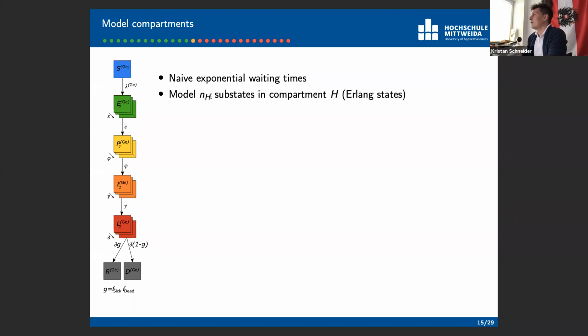H will always stand in for E, the latent, the prodromal, the fully contagious, or the late infected. If you model it that way, with equivalent states that you pass through at a certain rate, the effect is that the waiting time to move from one phase to the next is no longer exponentially distributed, but Erlang distributed.